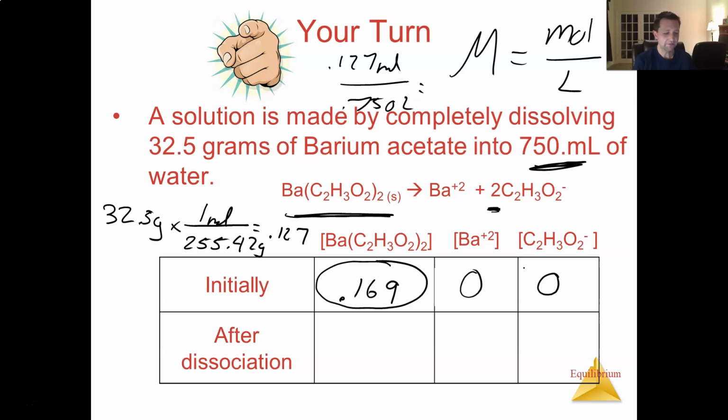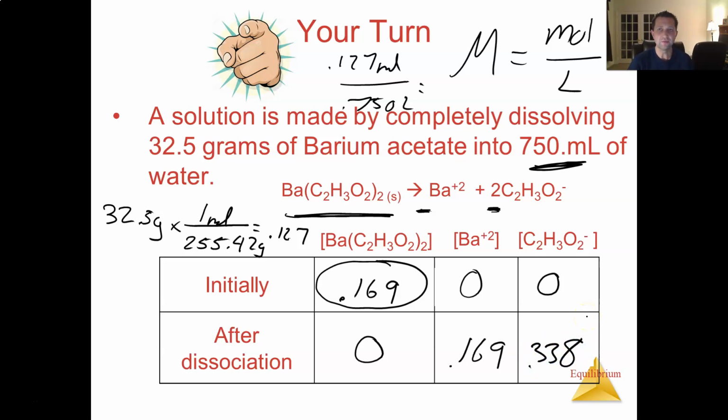All right, after it all dissociates, we're assuming all of it dissociates, our molarity here is 0. So we want to figure out what's the molarity of the barium ion, in this case, 0.169, and then what's the molarity of the acetate ion. So it's a 2 to 1 ratio here, all right? So I can't just say 0.169 because that assumes a 1 to 1 ratio. So 0.169 times 2 gives us 0.338.